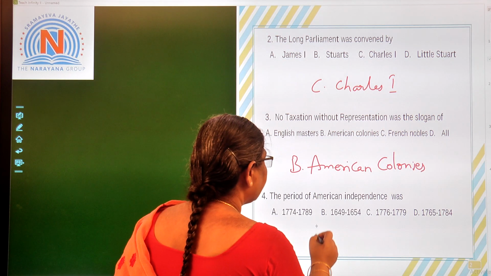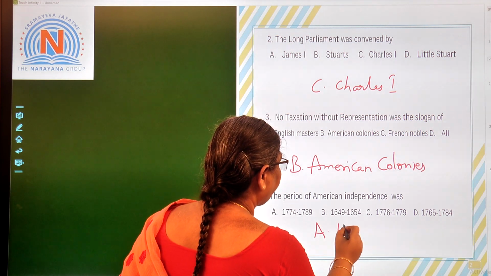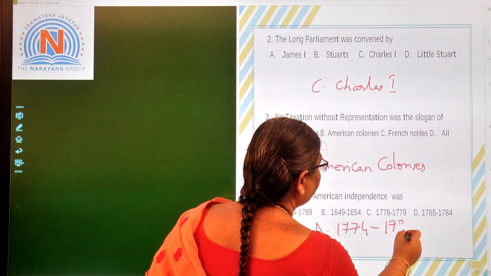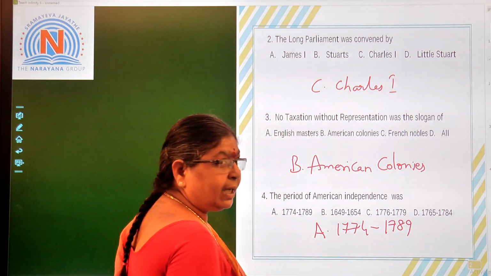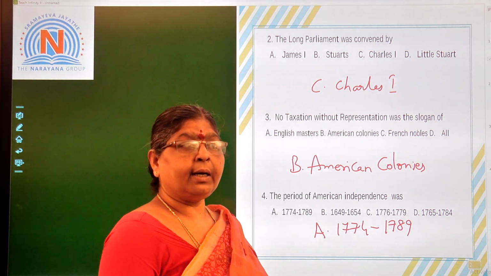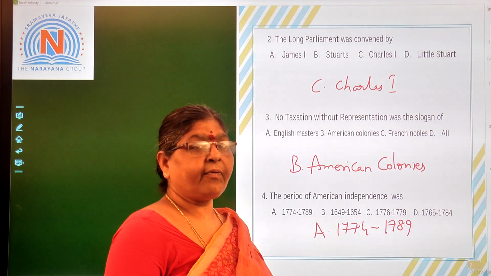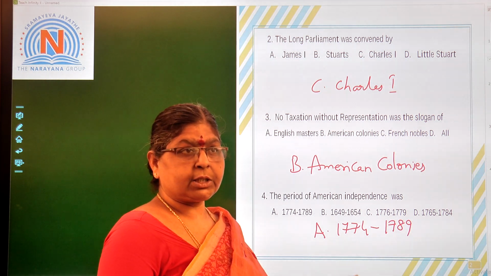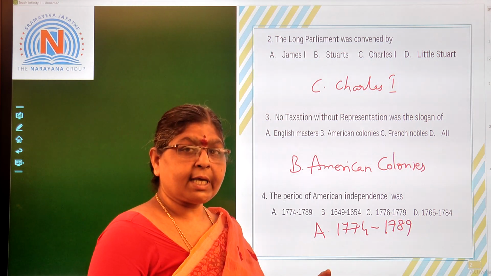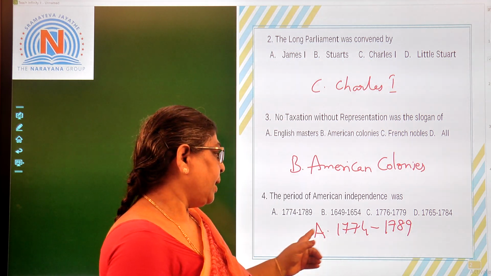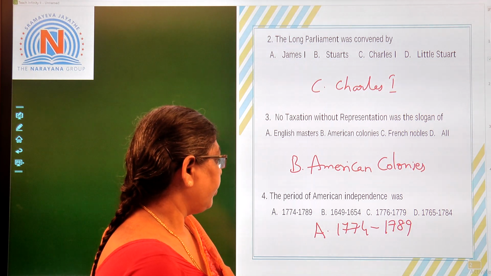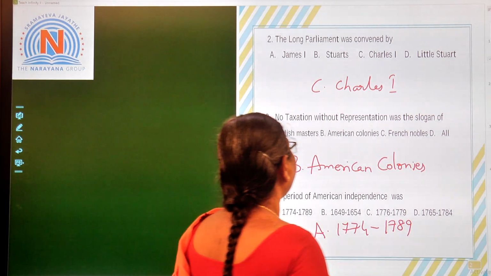That is from 1774 to 1789, because in the year 1781 the American colonies won over the British, and later in 1783 they signed the Paris Treaty. So the period was 1774 to 1789. This is the period of the American independence.